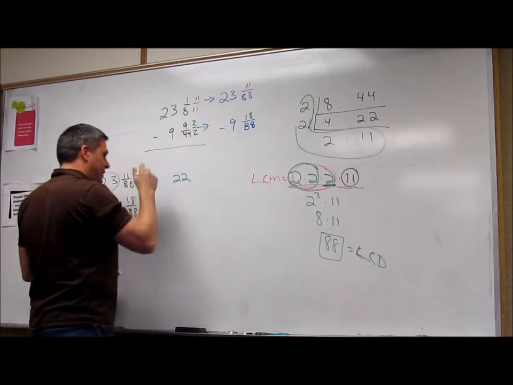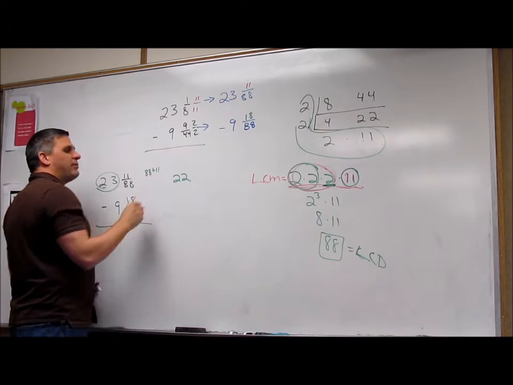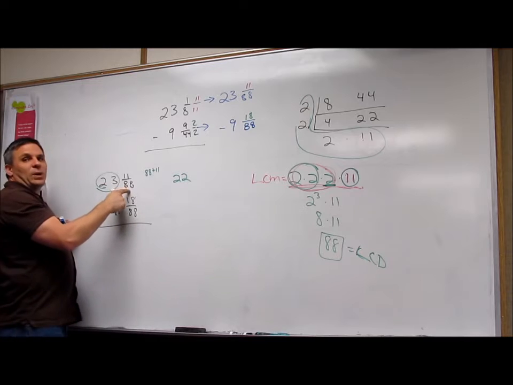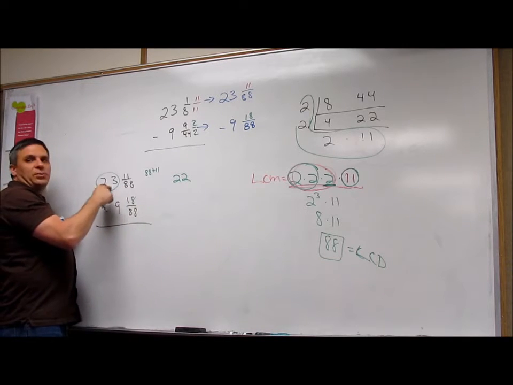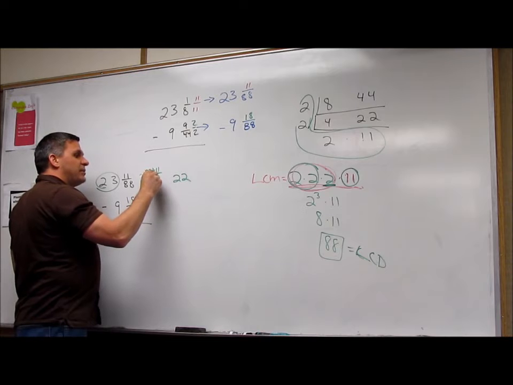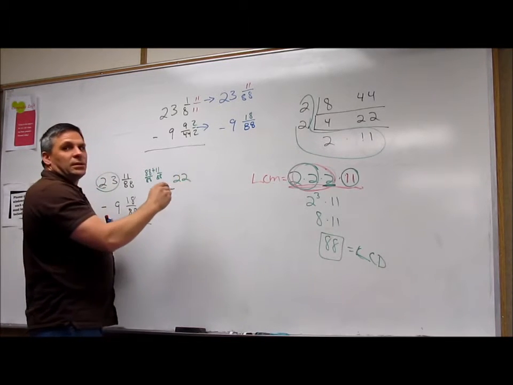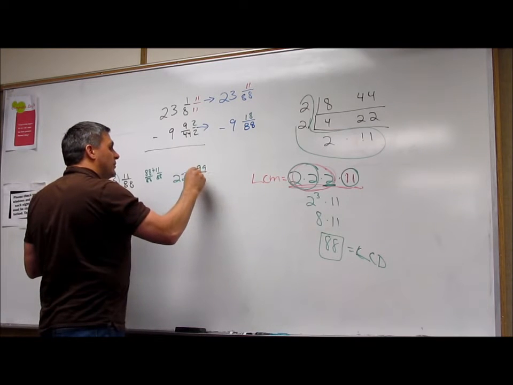So what we're really going to do is say 88 over 88, because that's how many 88ths 1 would be, plus 11 over 88, and it's going to be 22 and 99 over 88.